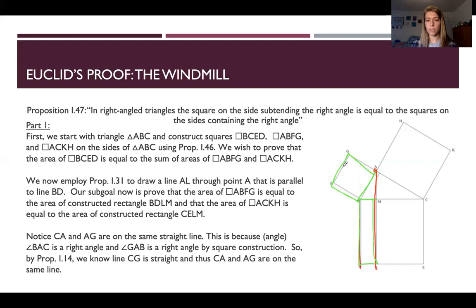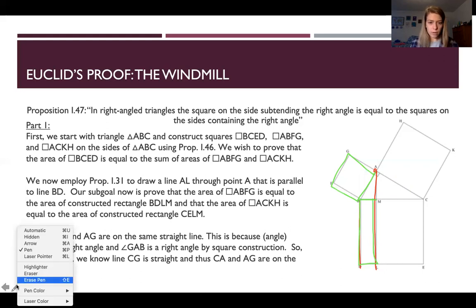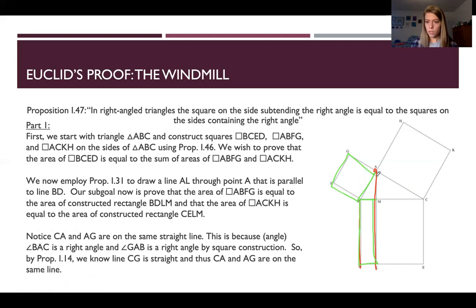We wish to show that these two areas are the same. And also, we want the area of ACKH, this larger square here, equal to the area of the other half of this large square, CELM, right here. So those are the areas we're trying to look at here.